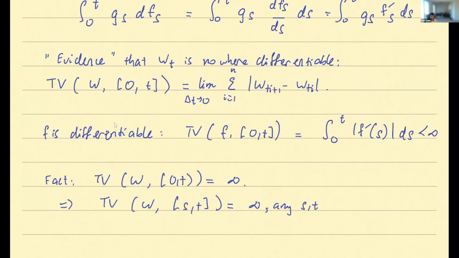And the key for you to take a look at is here. Because it's true for any s, t, or equivalently, you can just think of this as true for any small t.